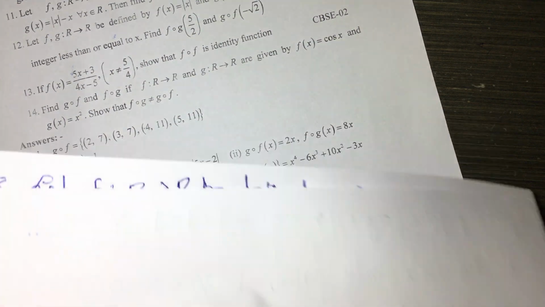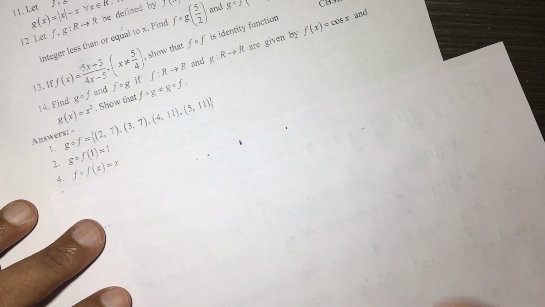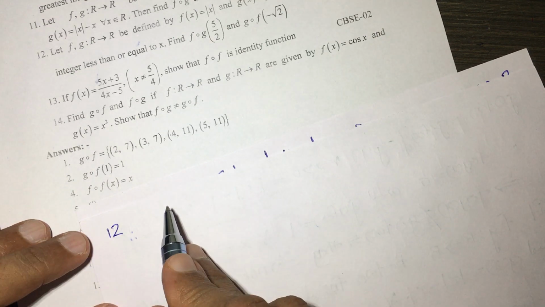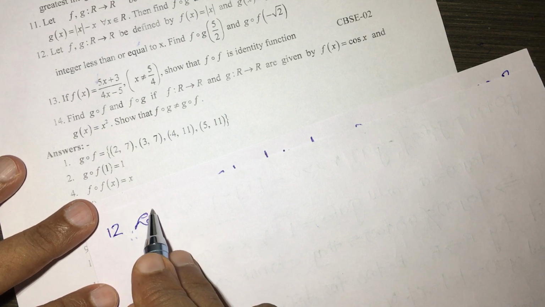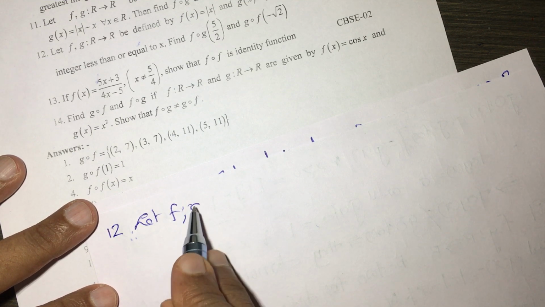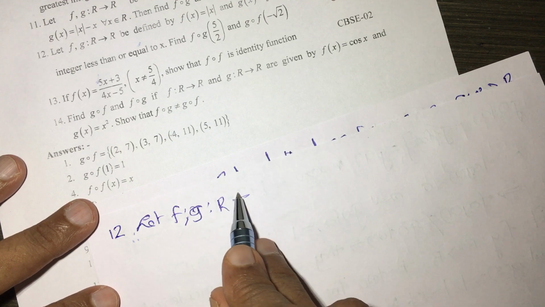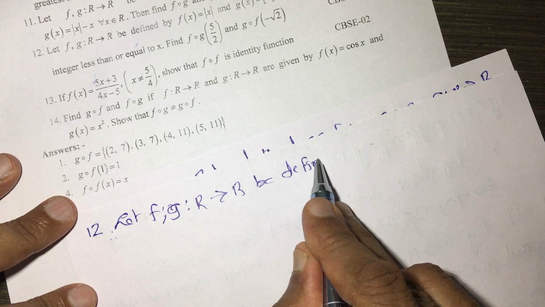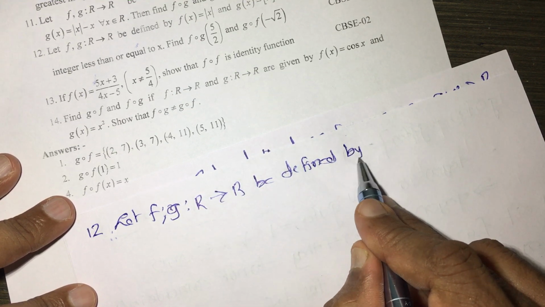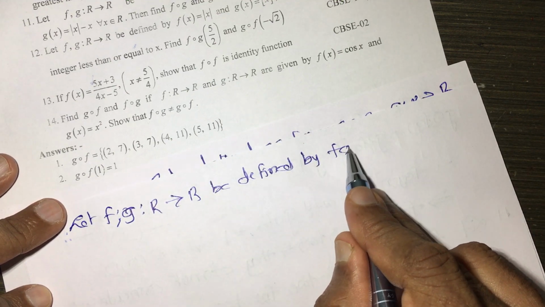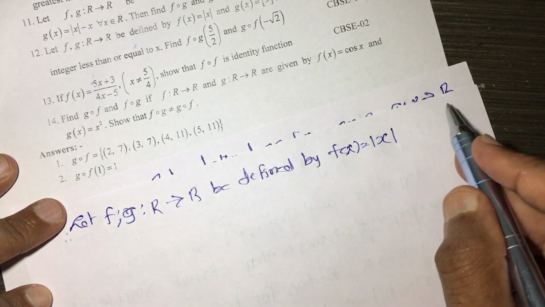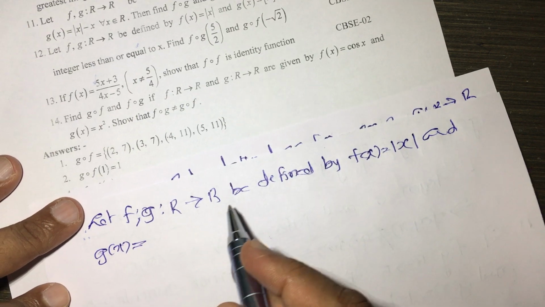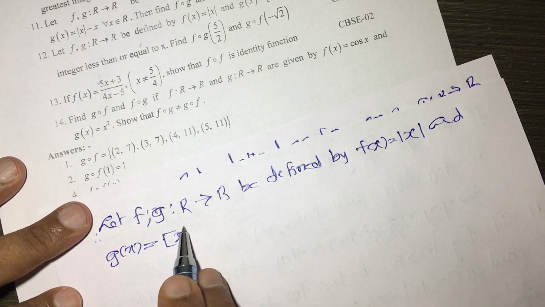After that, next this example, which is the 12th example. f and g are both functions from R to R, which are defined by f of x equal to mod x and g of x equal to the greatest integer function, square bracket x.